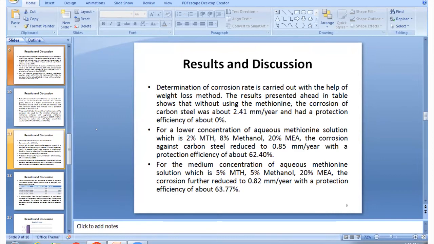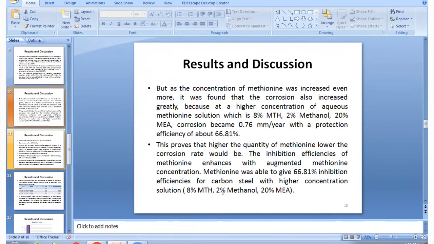But with my first aqueous methionine solvent at lower concentration, it reached 62.40, and later on for the medium concentration of aqueous methionine solution, it reached a protection efficiency of about 63.77. After that, when I changed the aqueous methionine solution to a higher range for methionine, the protection efficiency reached 66.81.